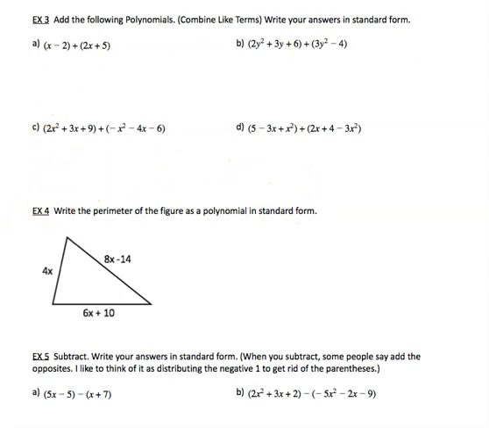So the horizontal method, all I do is use something to identify the like terms first. So usually I either color code, so if you have highlighters, you could use those, or I do underlines and squiggly underlines and circles and things like that. So X, this is a plain X term.